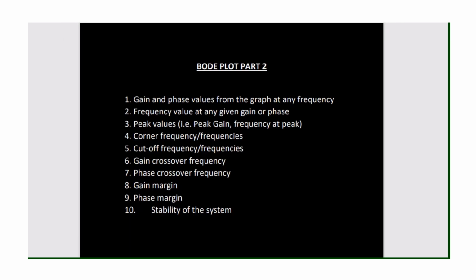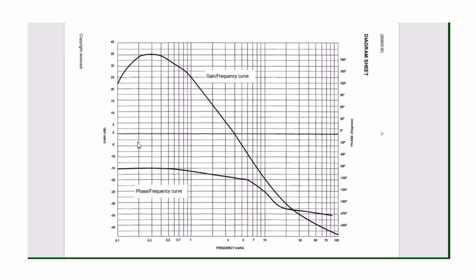So now back to our point 1. You should be able to read the gain and phase values from the graph. So I'll just go to any graph. Let's say this one. Let's say with this graph you are asked to determine the phase value when frequency is 1.